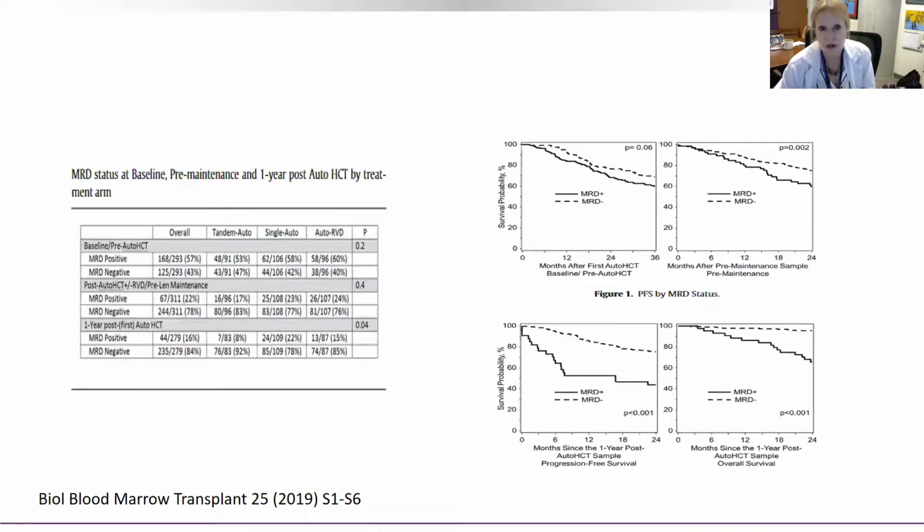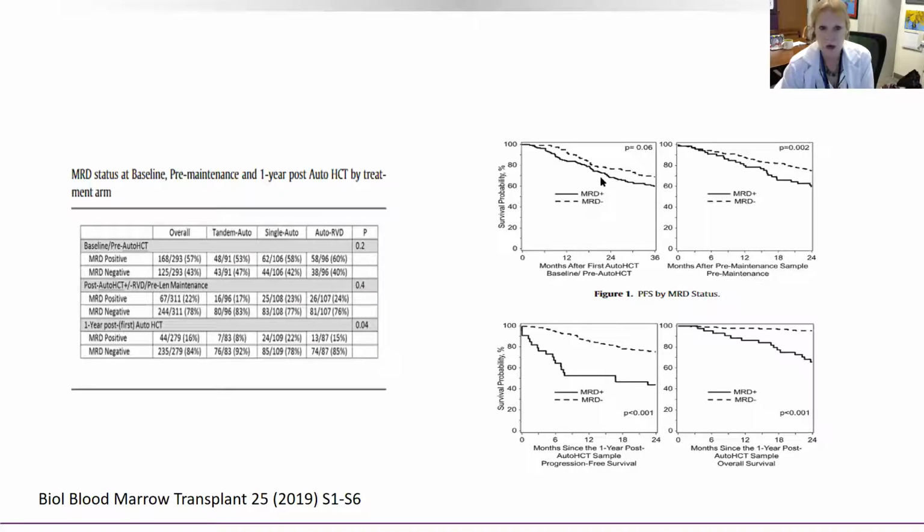And then they looked at MRD tests. Regardless of which of these 3 treatments you got, if you're looking at your overall survival and you are MRD negative, you did better in terms of your survival. Particularly when they tested it at 1 year after the autologous stem cell transplant.